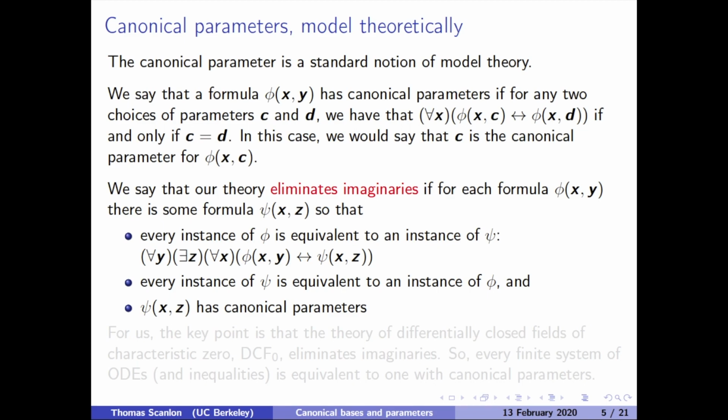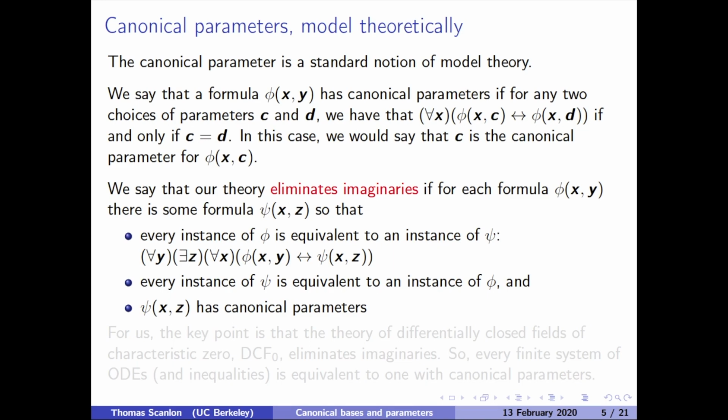And the reason why it's a correct system to use is that it defines the same collection of definable sets, the same collection of systems, in the sense that every instance of phi is equivalent to an instance of C, and vice versa.